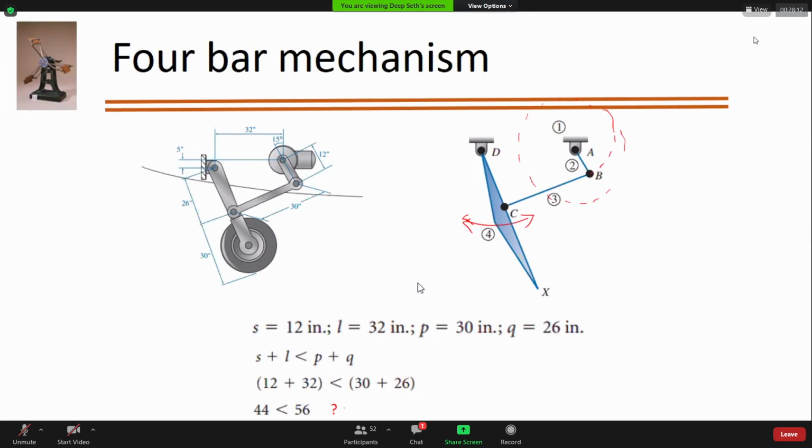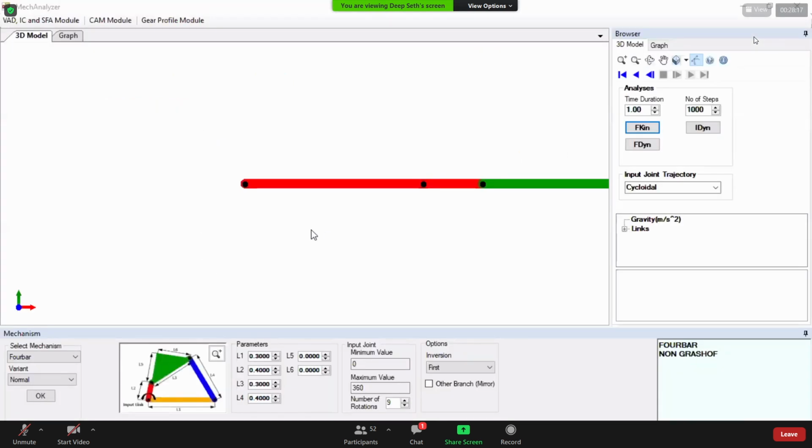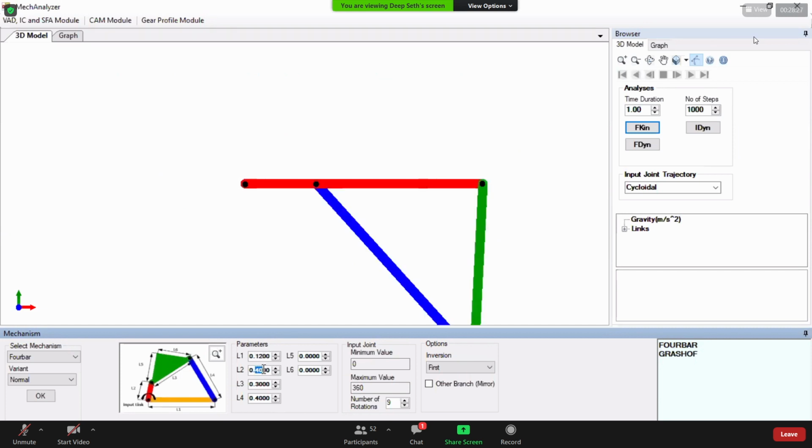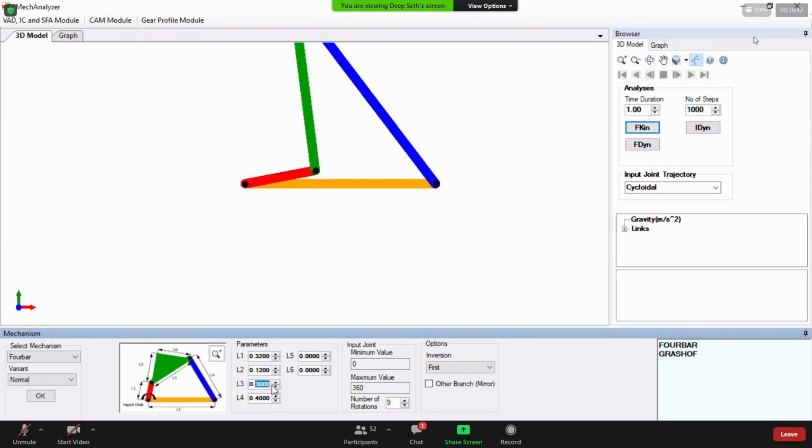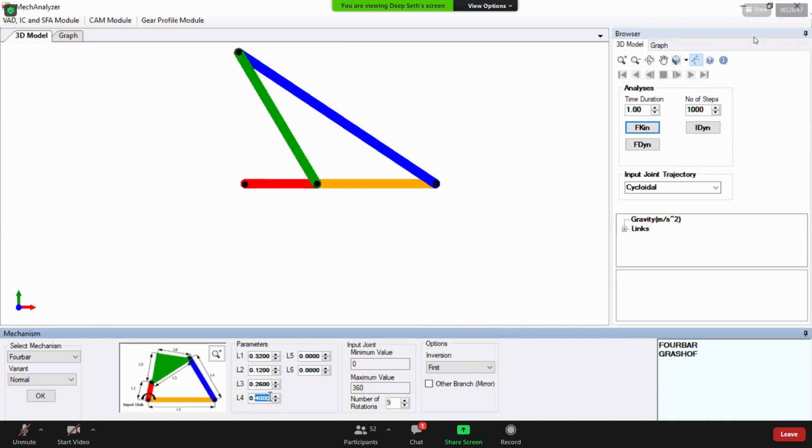I will share my screen for the Mech Analyzer. Okay, so link 1 we will consider as 32, link 2 is 12, link 3 is let's say 26 and link 4 is 32.